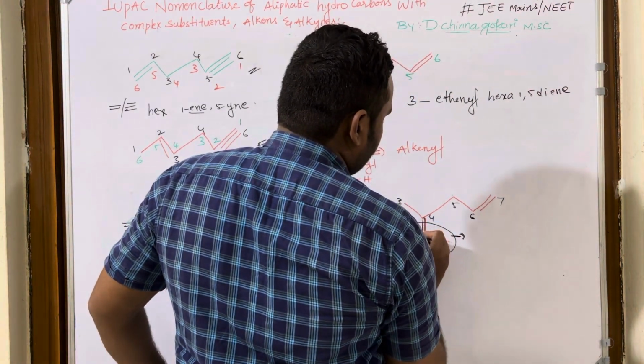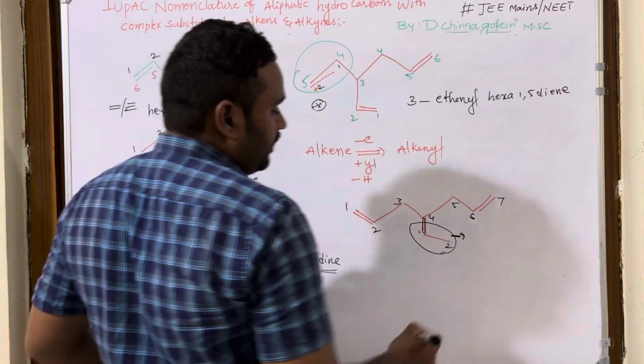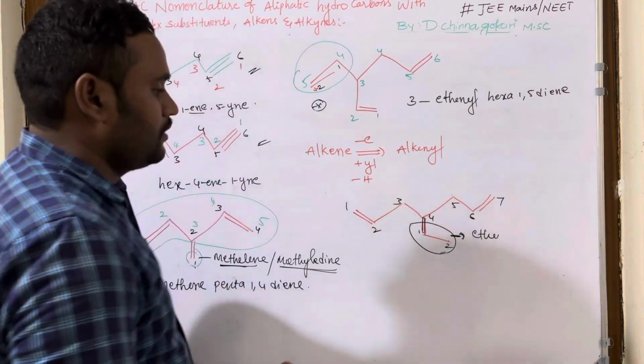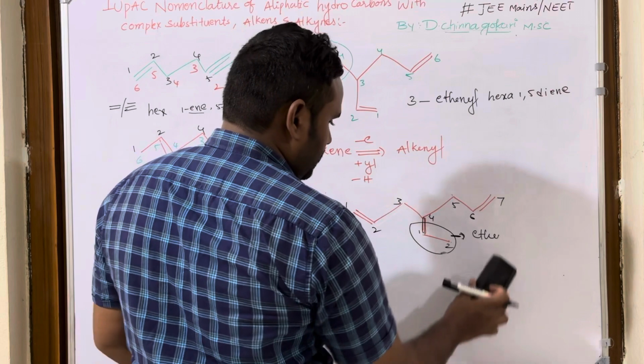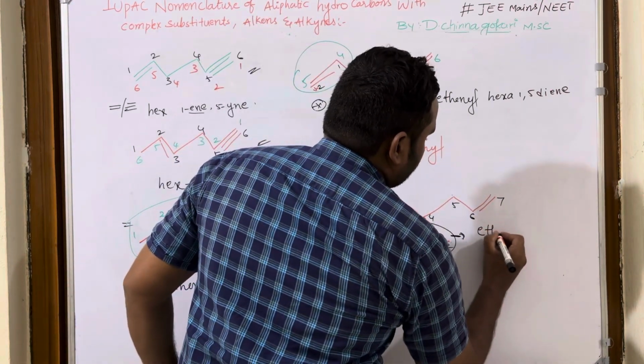How many carbons are there? 1, 2 carbons are there, means ethenyl. So here we use ethenyl.